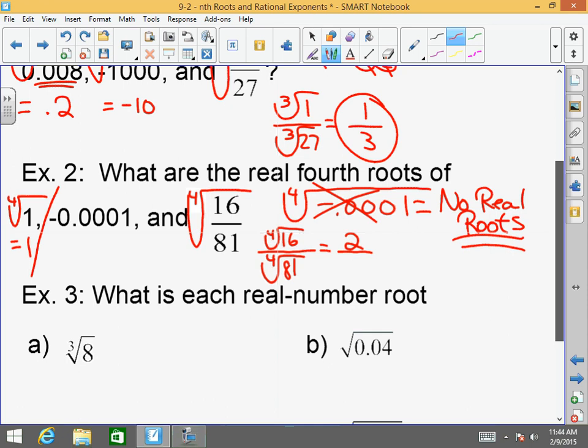Okay? However, 2 has an absolute value attached to it because it has an exponent of 1. And remember what we said: if you ever take out an odd root from an even index, it has to be an absolute value.